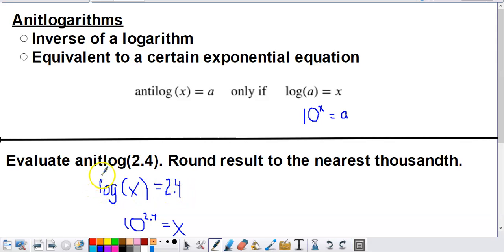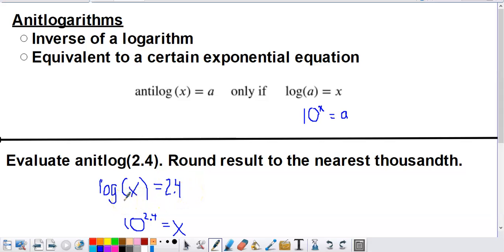So here's one where it says find the antilog of 2.4. My procedure here is to turn it into a logarithm situation as opposed to an antilog situation. So if I assume the antilog of 2.4 is equal to x, if I take the log of both sides of that, I'm going to have log of x, and then the antilog and the log are going to cancel, leaving me with just 2.4 on the right.